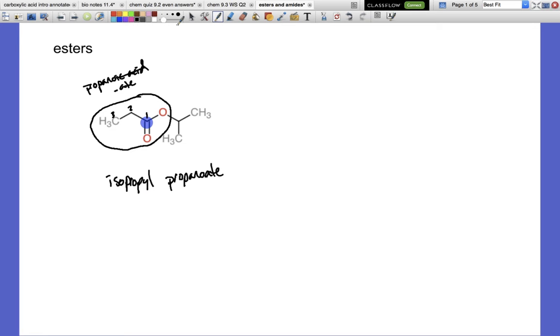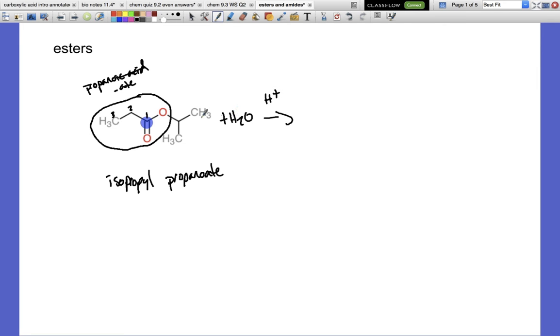Otherwise, the other thing you have to be able to do with esters besides naming them is, if I gave you an ester, you should be able to break it down just like you formed it, right? So if I had some water available, because I need that to break this down, and I had the right conditions, again, it's supposed to have that acid catalyst from before, forming and breaking down esters is a reversible reaction.